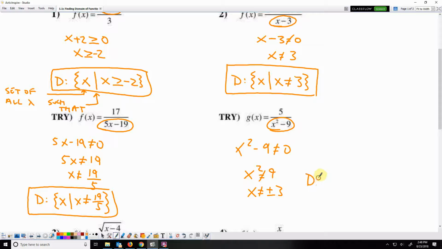So the domain is the set of all x such that x does not equal plus or minus 3. We could also write negative 3 comma positive 3.